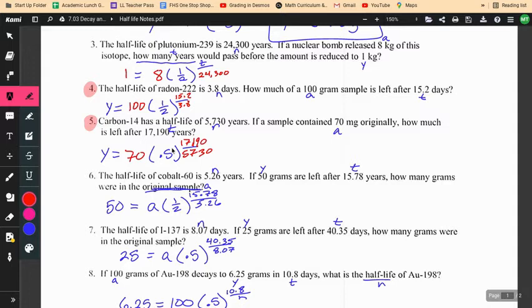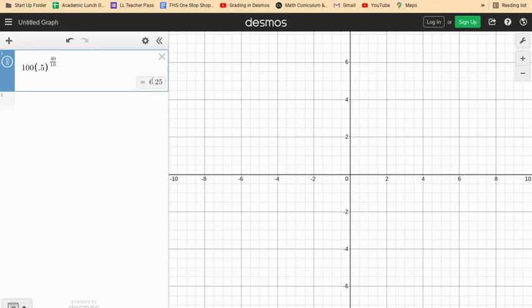In order to do that, I plug that into my calculator or even Desmos. So I have 70 times 0.5 raised to the power, and then I put in the correct power, 17,190 divided by 5,730. And so it gives me my answer. Even if you were to put in y equals and then that equation, it would still give me my answer.